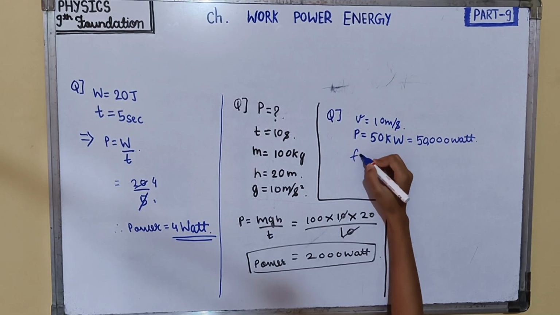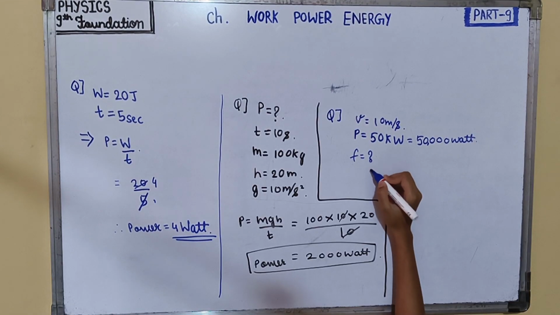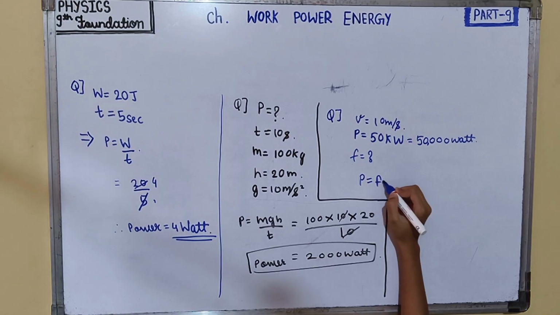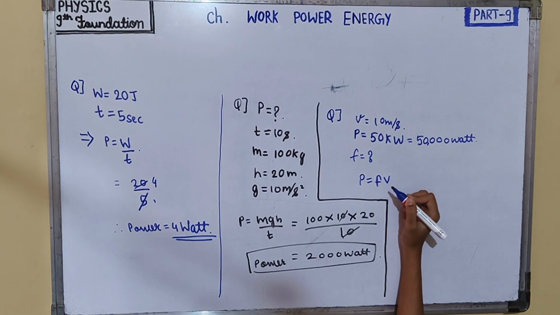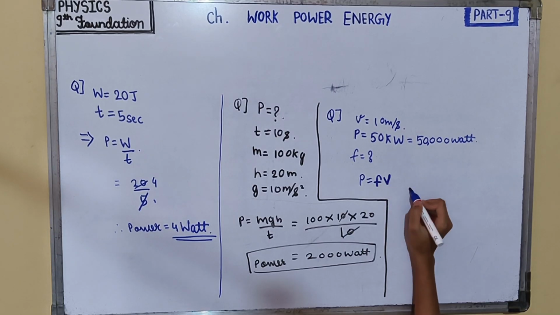Then they have told us to find the force. We have learned a formula, that is P is equal to FV. We know velocity, we know power also, so we can find force.